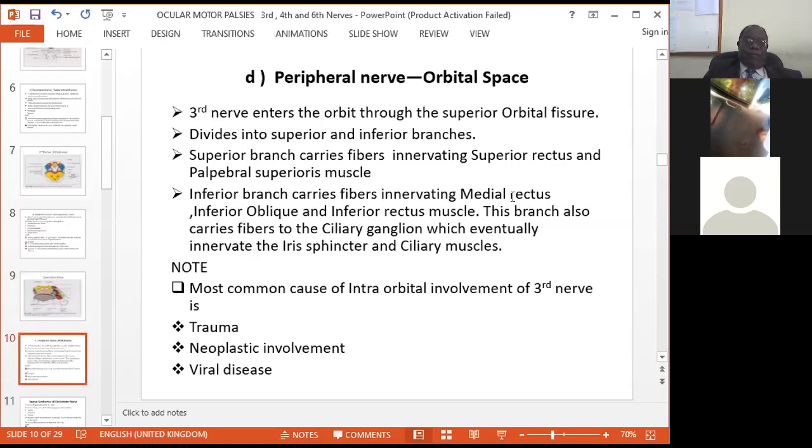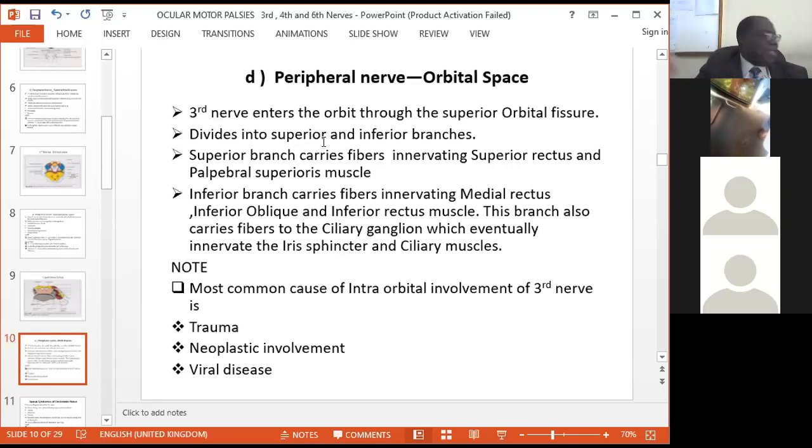Peripheral nerve, orbital space. Third nerve enters the orbit through the superior orbital fissure, then divides into superior and inferior branches. Immediately it enters through the superior orbital fissure into the orbit now. What is in the orbit? Centrally, you've got the optic nerve, which goes into the eyeball anteriorly. Then you've got muscles, superior rectus, inferior rectus, lateral rectus, medial rectus, and the obliques that help in the control of eye movements.